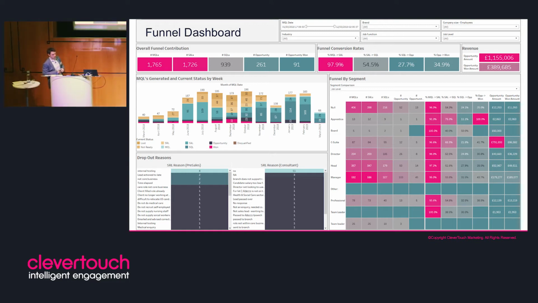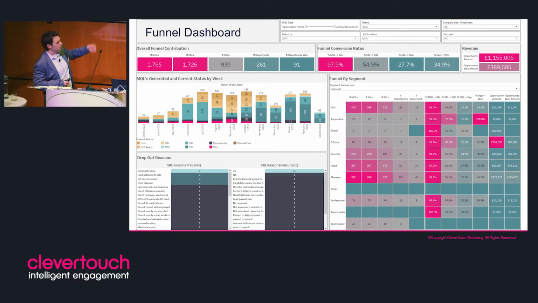The other issue is that some of the reasons for being lost aren't standardised. With non-standardised results, it's hard to draw out the stories and understand what really were the big issues, so making sure those get standardised is important.